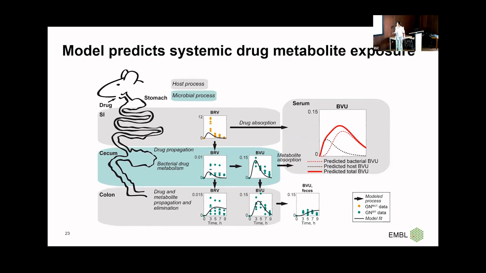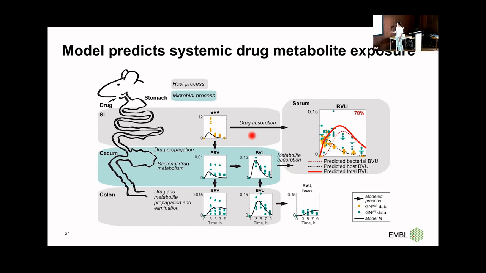Together with our estimates of how much drug metabolite is produced by the host, shown here in black, we can predict what will be the difference between wild-type and mutant colonized mice. And these differences match experimental data very well.